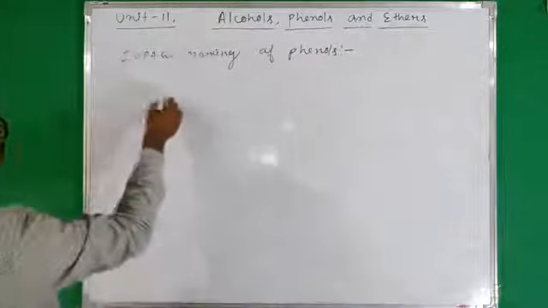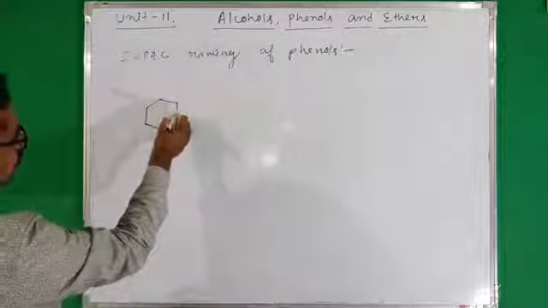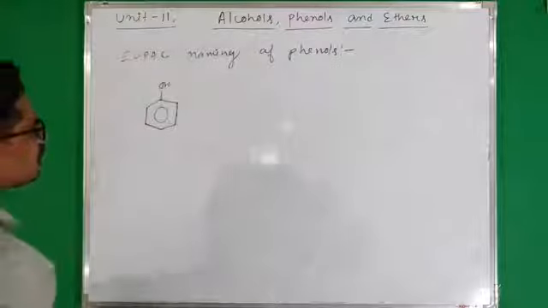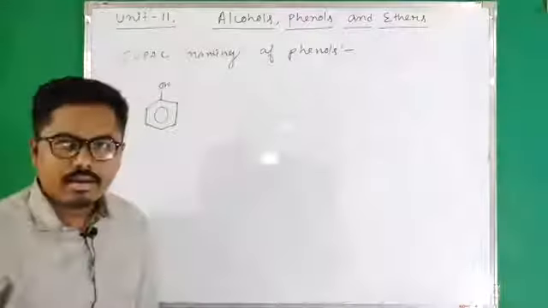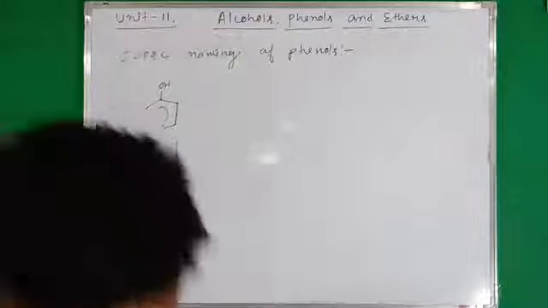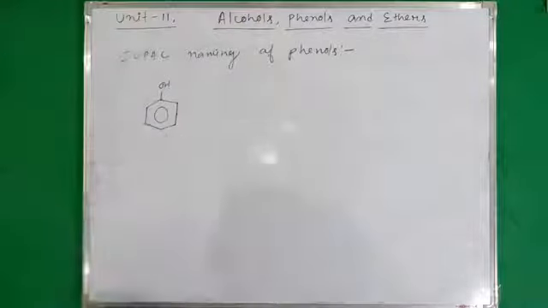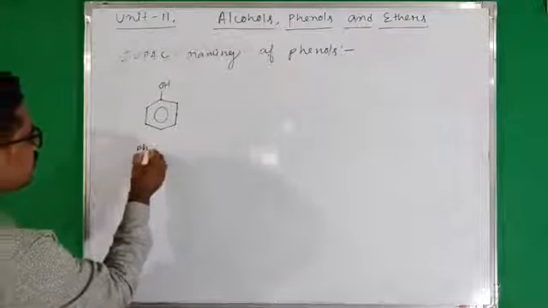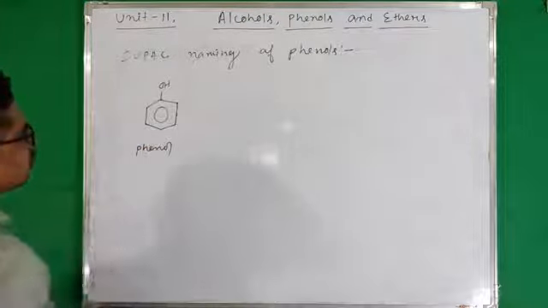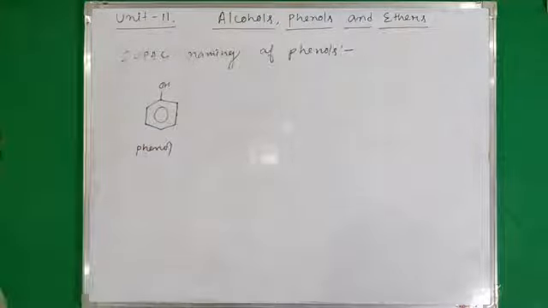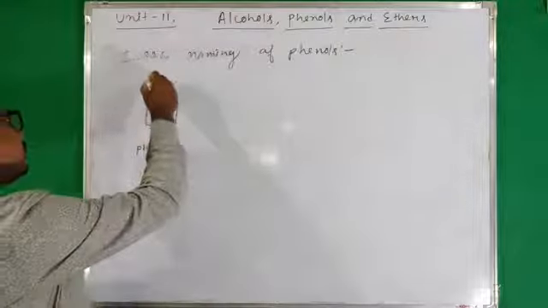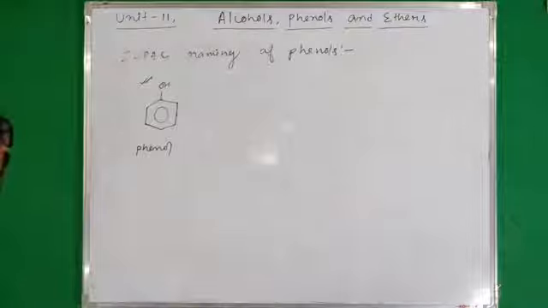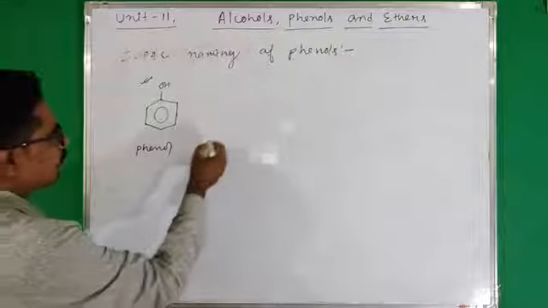We studied in our last class that when OH is present in a benzene ring, then the compound is known as phenol. That means at minimum one hydrogen atom of benzene is replaced with the OH functional group and then phenol is formed. So for the IUPAC name, this compound is phenol.